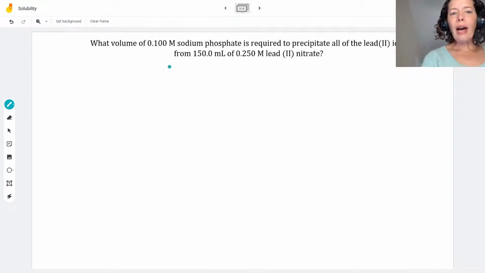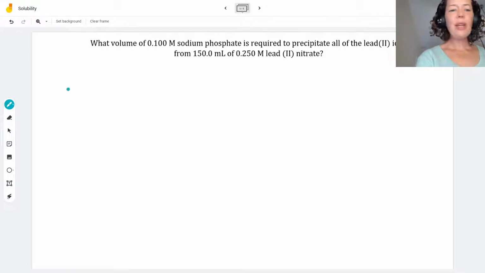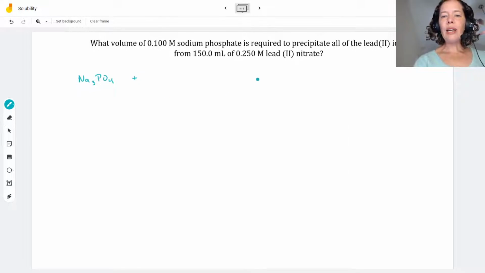So we have sodium phosphate, and we're going to react it with lead-2 nitrate. So let's just get our reactants down. So sodium phosphate is going to be this, and I am reacting it with lead-2 nitrate. So that is going to be this guy right here.